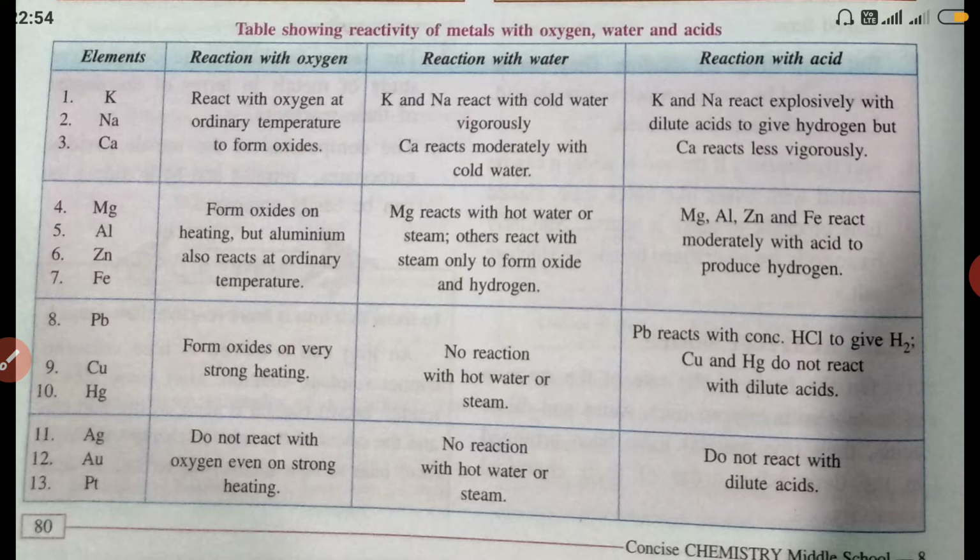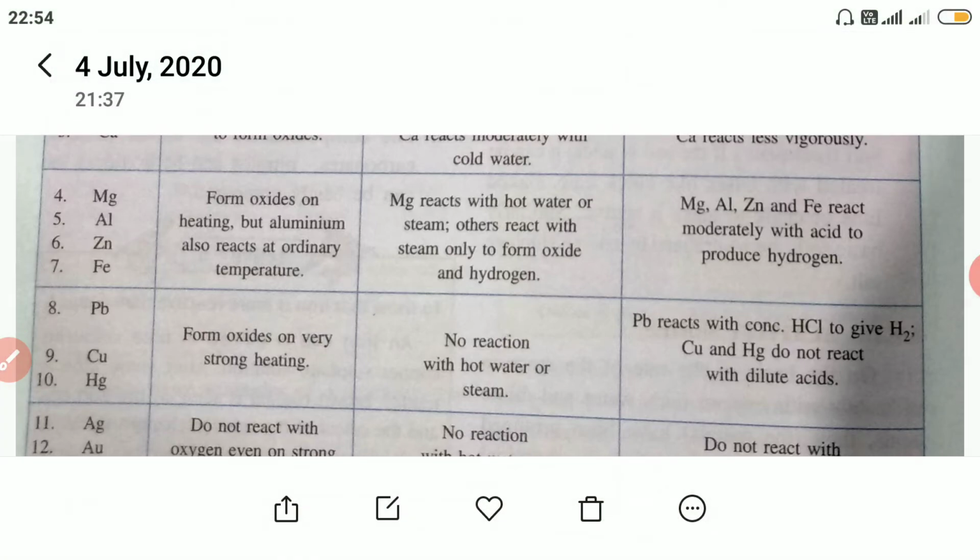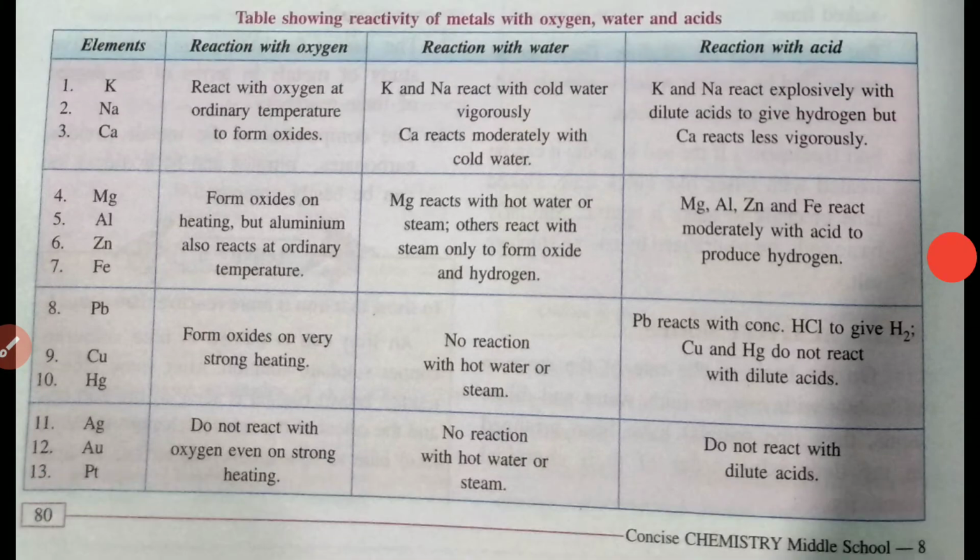Reaction with acids: lead reacts with concentrated hydrochloric acid to give hydrogen. Copper and mercury do not react with dilute acids. They react with concentrated acids to form a special compound. We have to study them in class 10.